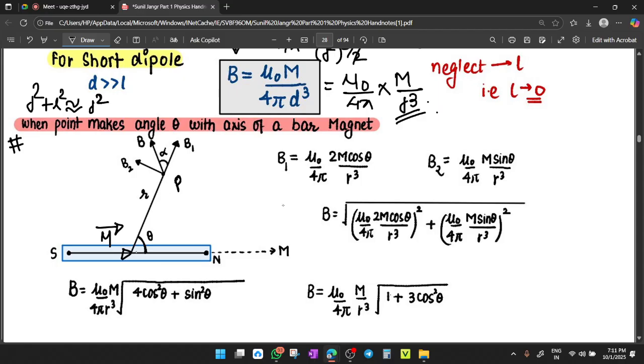So if this complete vector is vector M, and you resolve this vector M in the direction theta, the component in the direction of theta will be equal to M cos theta.